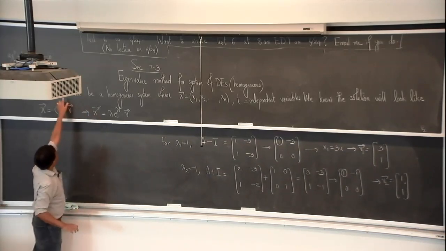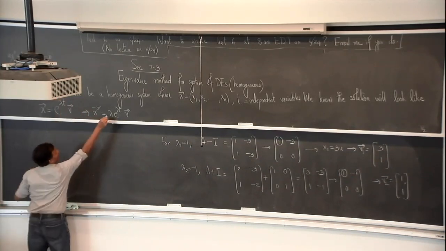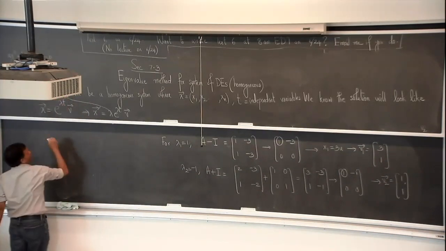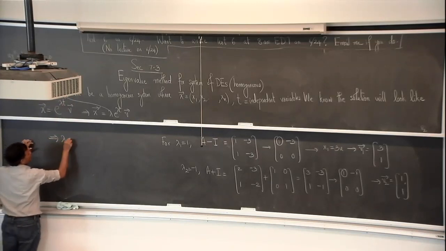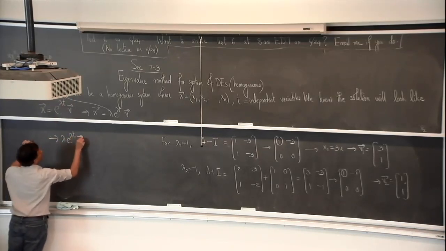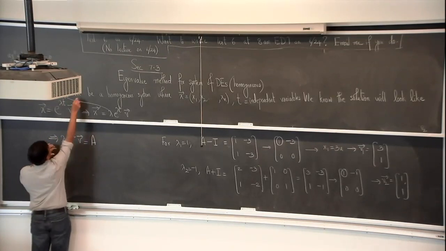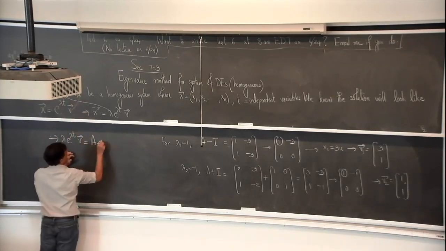Now let's plug this back into our differential equation here. So that becomes lambda times e to the power of lambda t times v equal to A times x, which would be e to the power of lambda t times v.